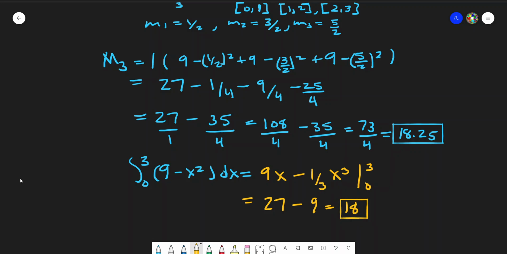So we see that we're off by 0.25 squared units, and that's actually okay in terms of finding the midpoint in either case.